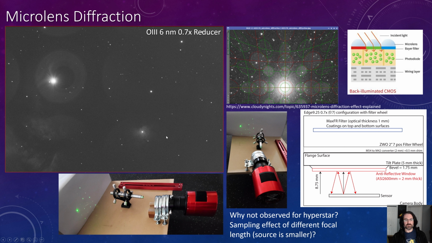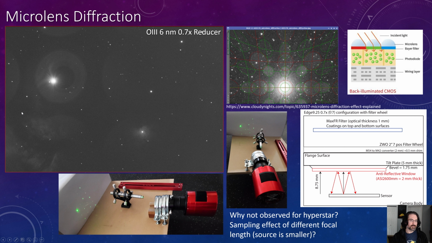So what we seem to be seeing in this oxygen-3 case is diffraction from Alnitak hitting the microlens array, diffracting, reflecting back up to our anti-reflective window, and coming back down to our sensor, creating these large spaced reflections. So it's more attributed to a characteristic of the camera as opposed to a characteristic of the filter.